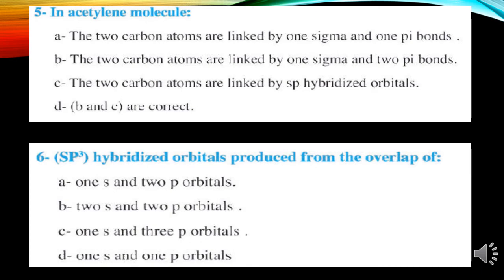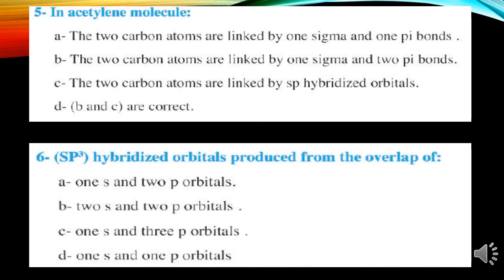The answer will be D, B and C, because acetylene's formula is C2H2. So the two carbon atoms are linked by 1 sigma and 2 pi bonds because it's a C triple bond C, with H and H, and linked by sp hybridized orbitals.